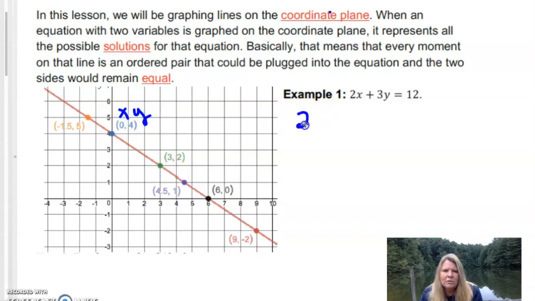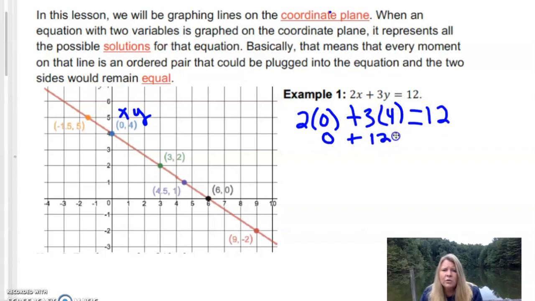So we would have 2 times 0 plus 3 times 4. It's a solution because it's on the line, so that means when I calculate this side, I should get 12, because this side of the equation is 12. So 2 times 0 is 0, and 3 times 4 is 12, and 12 plus 0 is 12. That means that the two sides remain equal, so it's a solution.